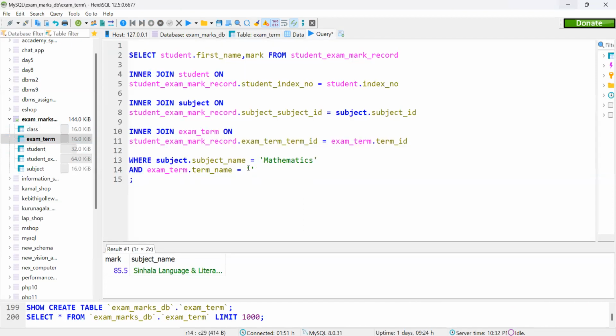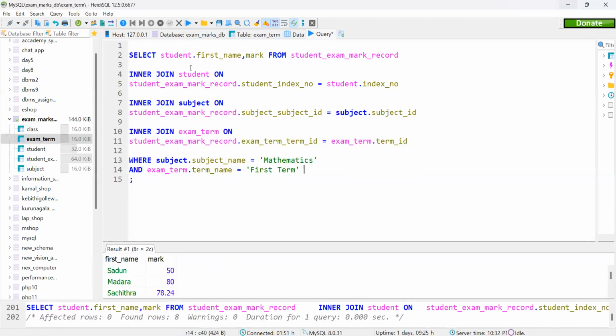I'm copying from here and pasting here, and let's execute.